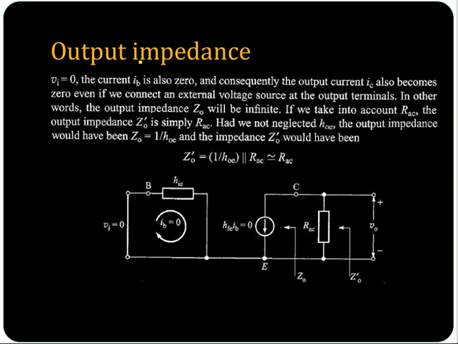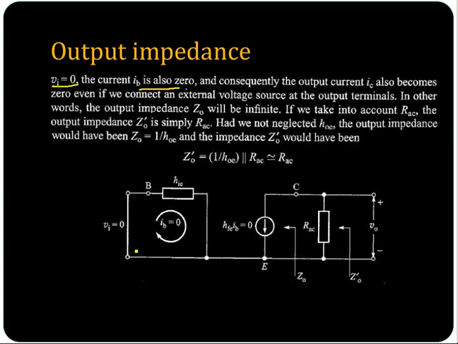What about the output impedance? The output impedance is defined as the ratio of output voltage to output current with VI equal to 0. When we set VI equal to 0, the current IB is also 0. This is the diagram corresponding to that, to find the output impedance.